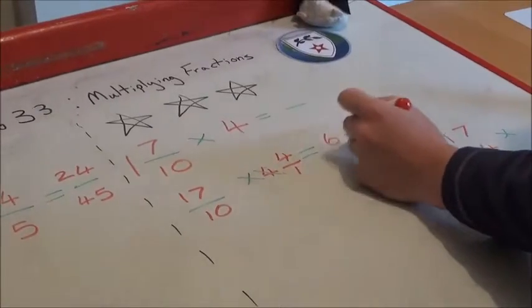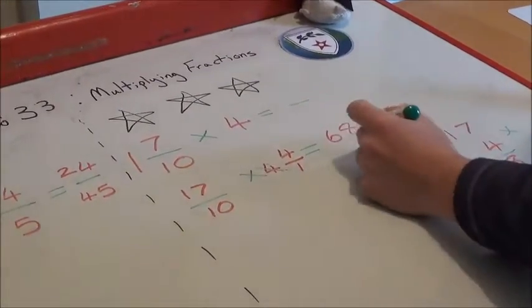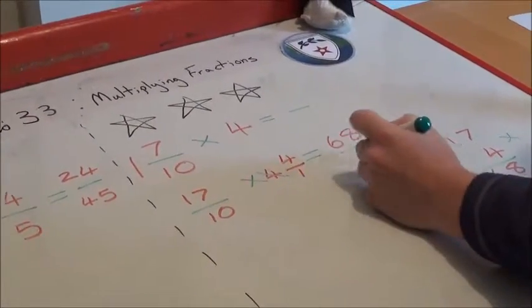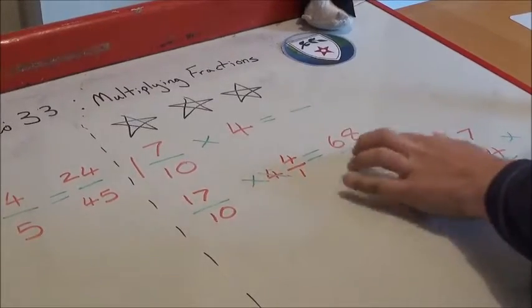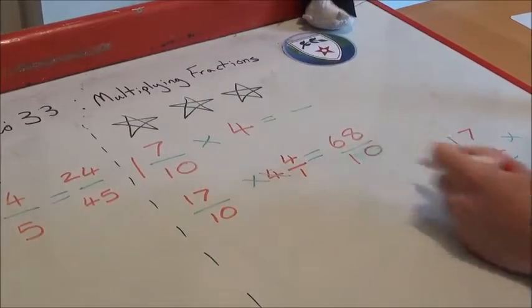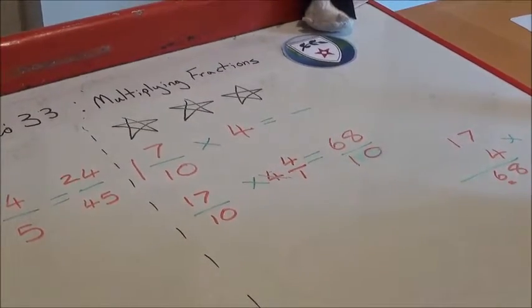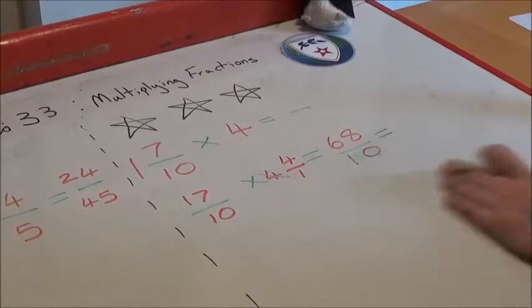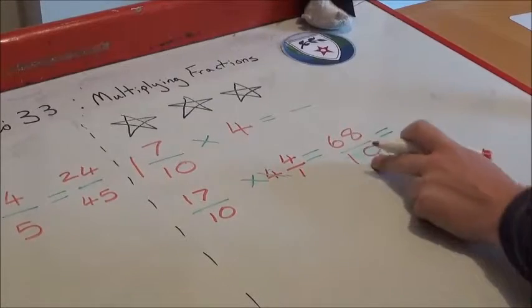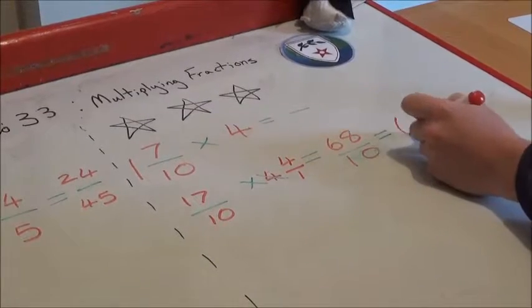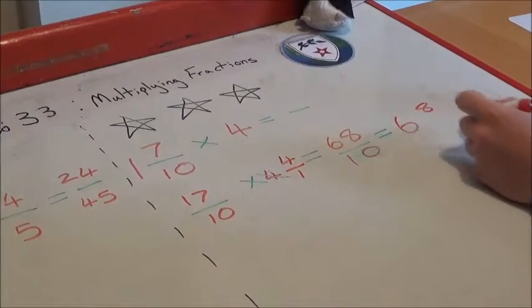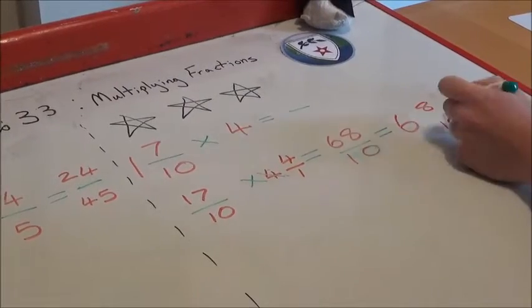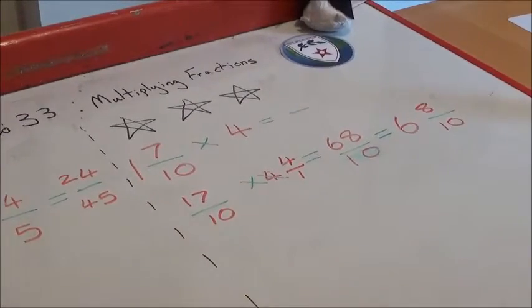So we have 68, and then 10 times 1 is 10. And then that is an improper fraction. We want to convert that. How many times does 10 go into 68? It's going to go in 6 times with 8 left over, which is 6 and 8/10.